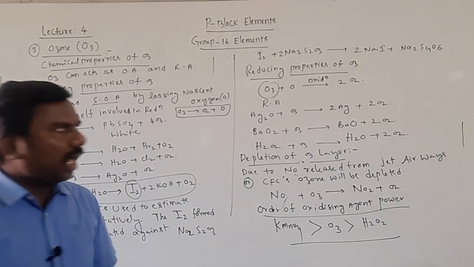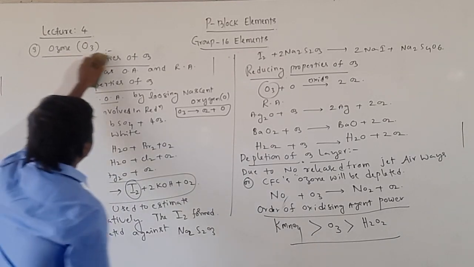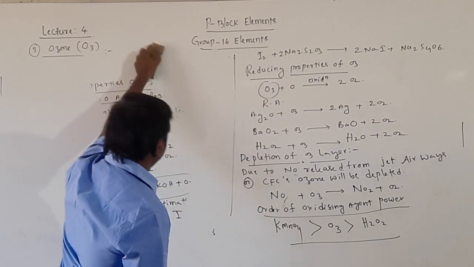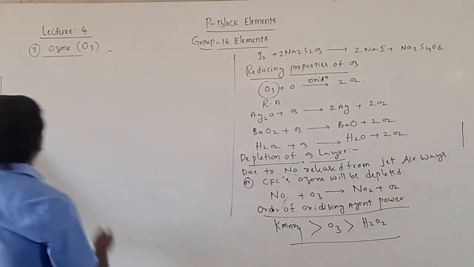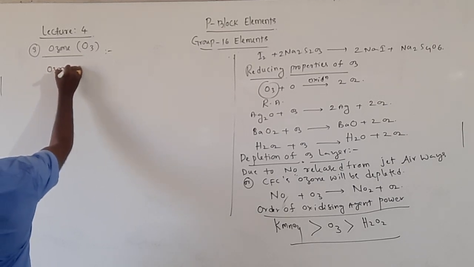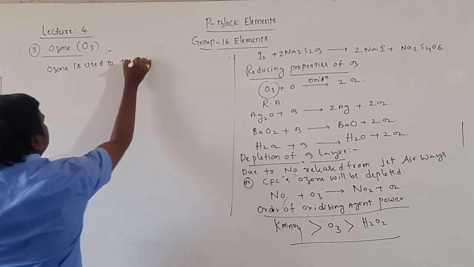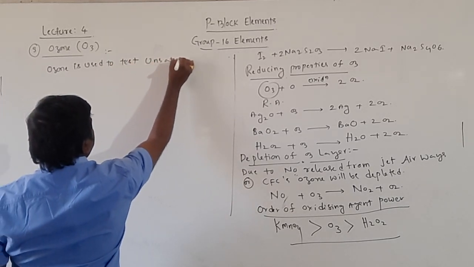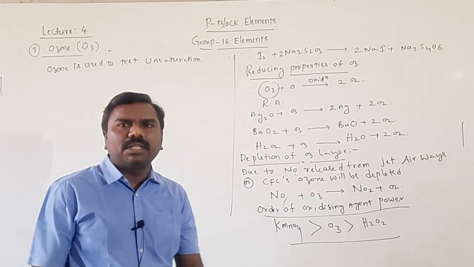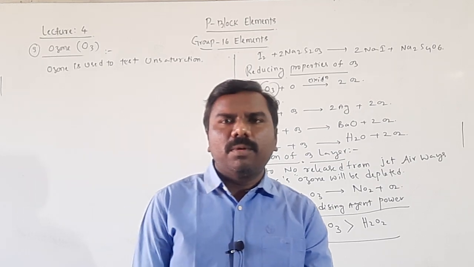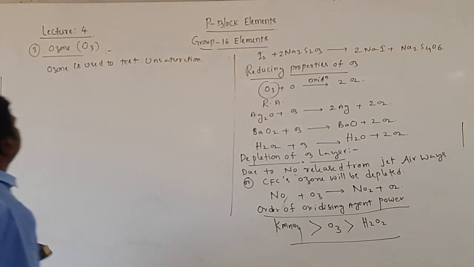And ozone is also used to test unsaturation by the ozonolysis reaction. Ozone is used to test whether a double bond or a triple bond is present or not, to confirm that unsaturation.